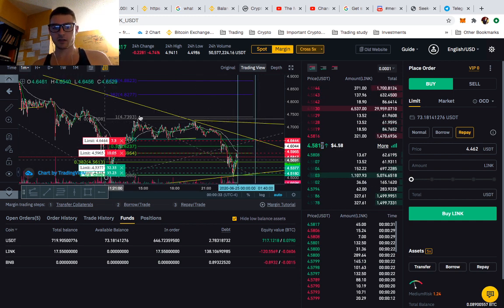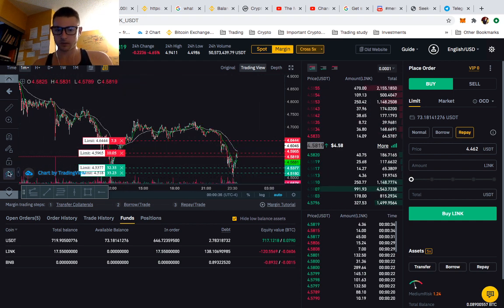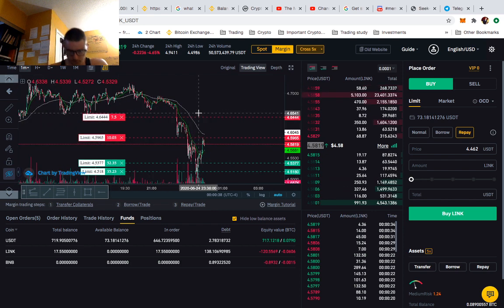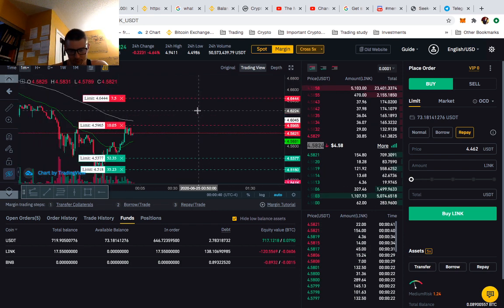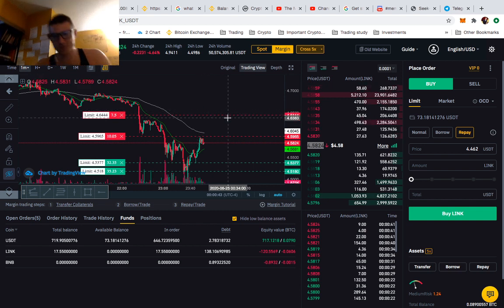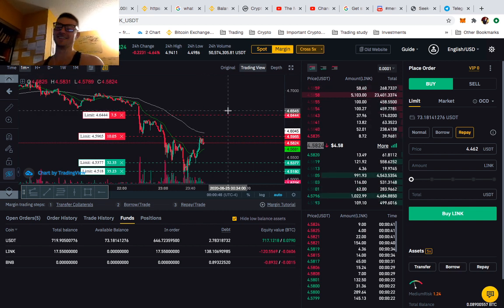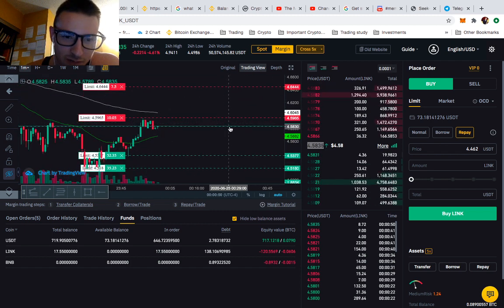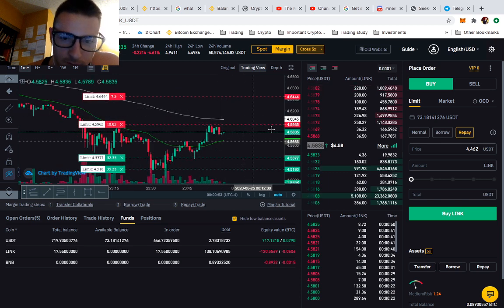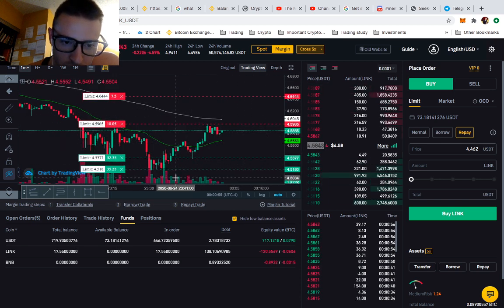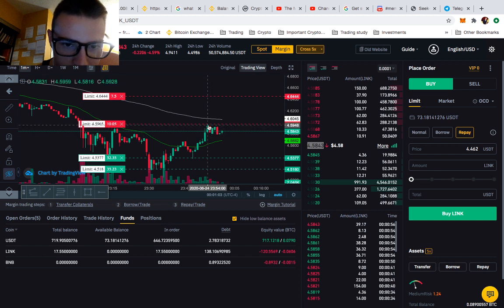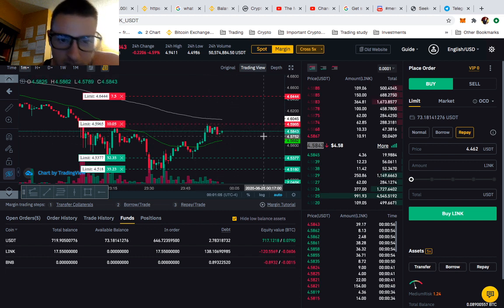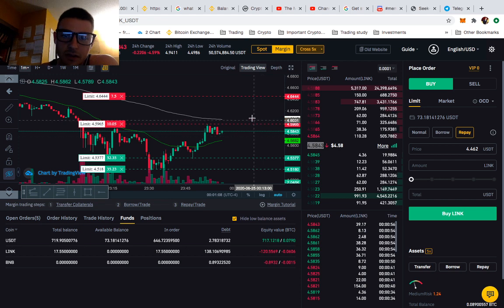And once again, this kind of looks like a little bit of a double bottom. It could or could not, I don't know. But look at this, man. I swear, Binance is out to get me sometimes. That's some bullshit. Yesterday, I tried to close my position right here, and it didn't fill me, by like a miss. The same thing here. They didn't fill me. That's some bullshit right there, man.